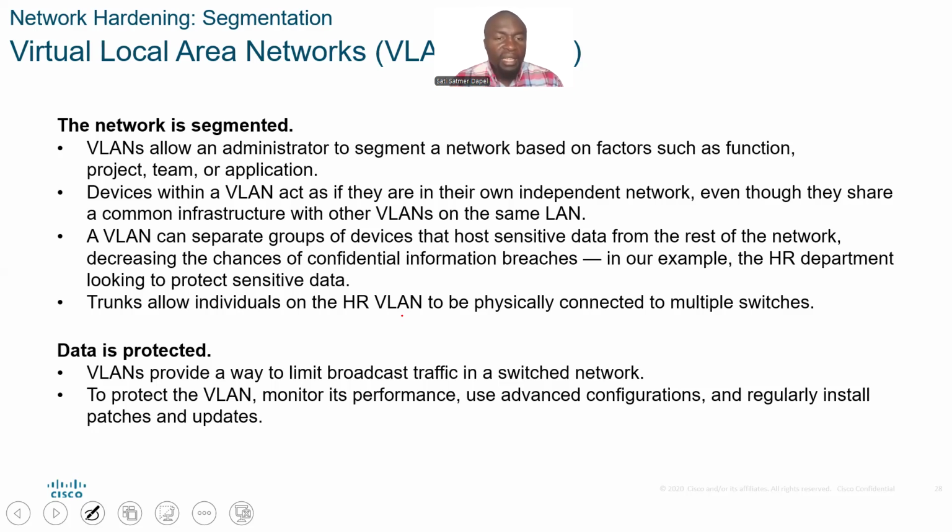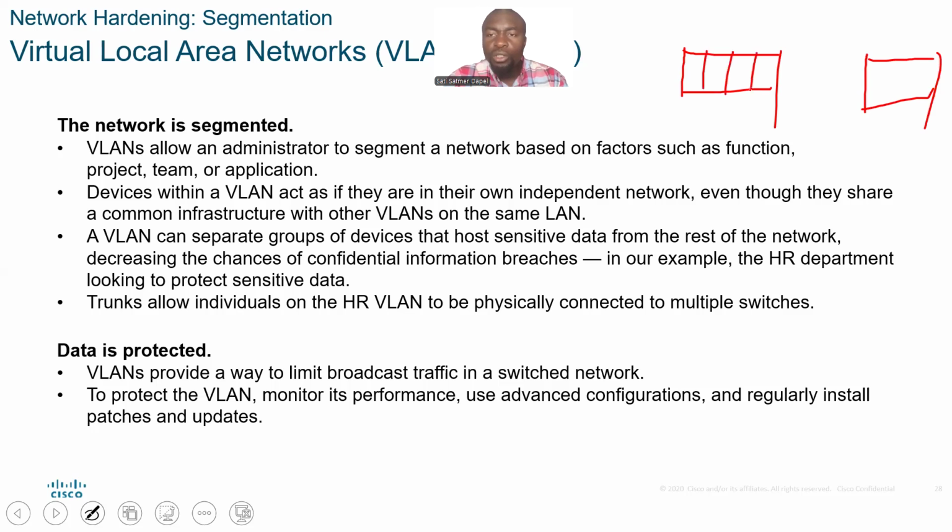So a VLAN can separate groups of devices that host sensitive data, right? So trunks allow individual VLANs. This is what I mean. For instance, you have a switch here, and then you have another switch here.